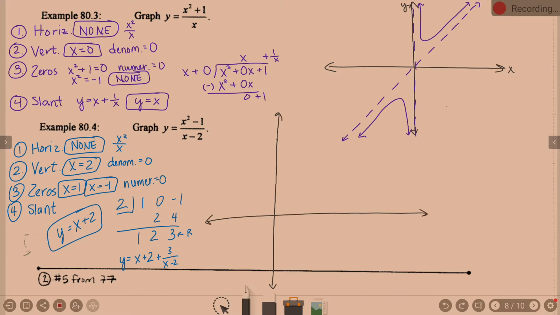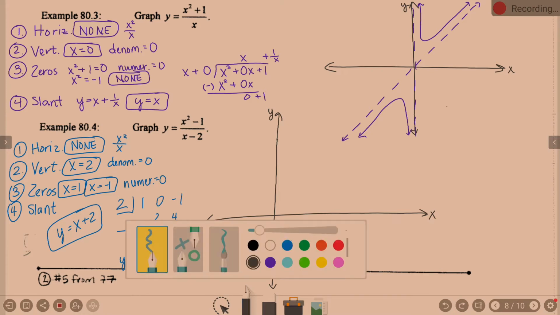I don't know how well I'm probably going to end up running into that other graph, but oh well. Okay, let's see. What do we have happening here? No horizontal. Vertical asymptote at 2.